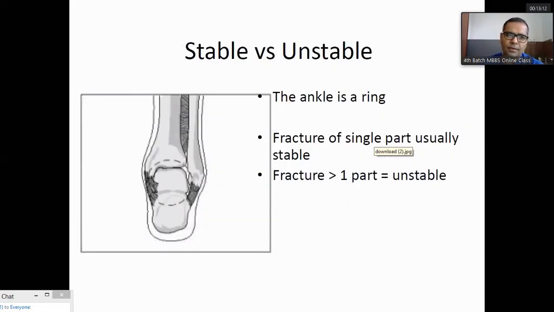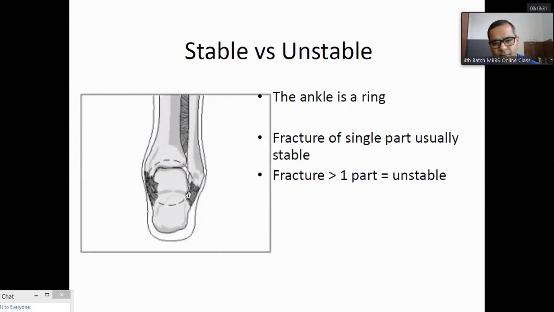So how do we define a stable and unstable ankle? The ankle as such is like a ring. It is stabilized medially by the MCL, the talus bone, the calcaneum, the lateral collateral ligament, and the distal plafond of the distal tibia.